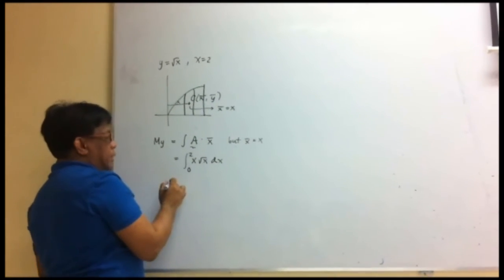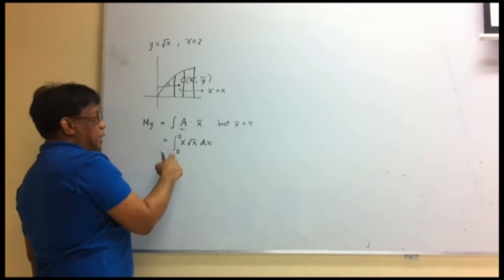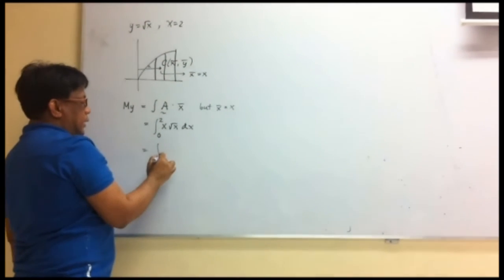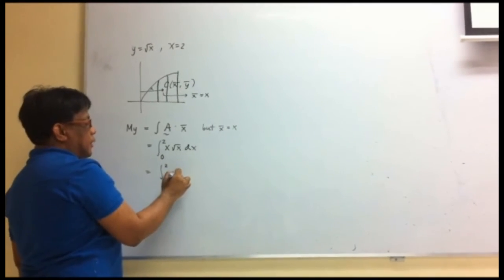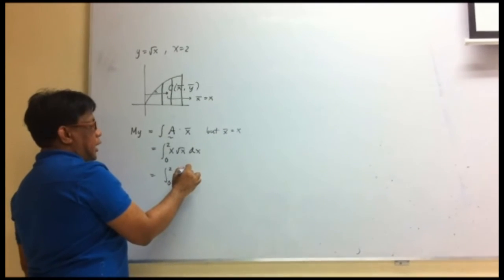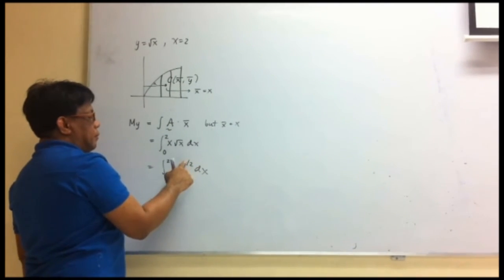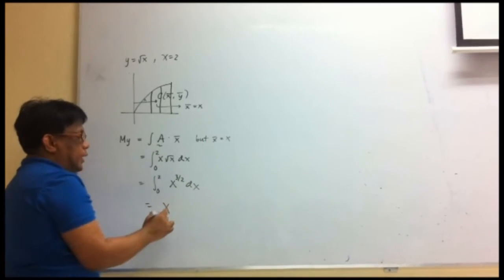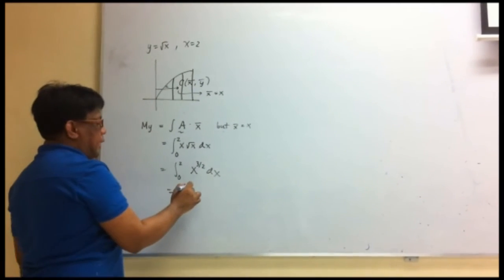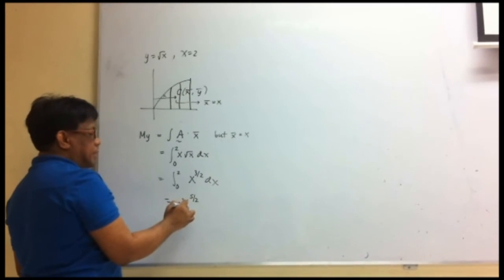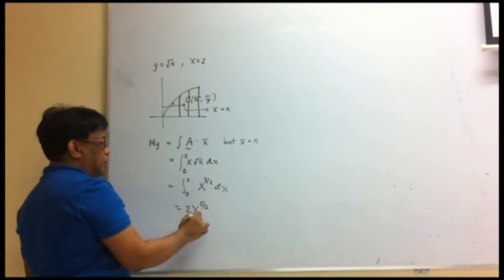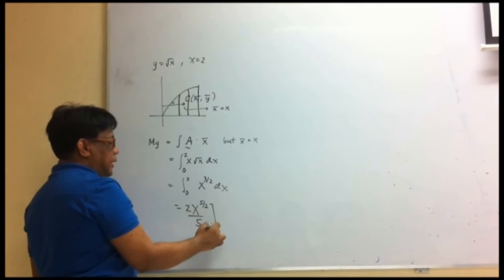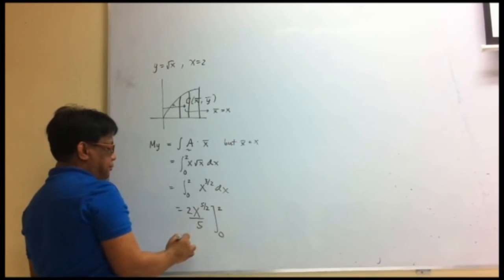So that means we now have the integral of x times square root of x dx. Simplifying, we get x raised to 3 halves dx. Integrating further, we have x raised to 3 halves plus 1, which is 5 halves, then the reciprocal of 5 halves is 2 over 5, from limits 0 to 2.